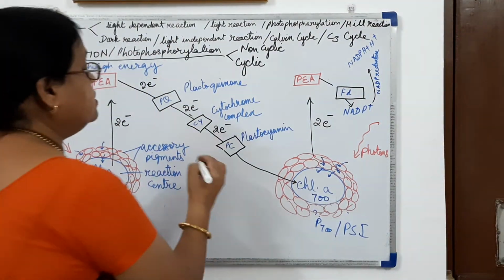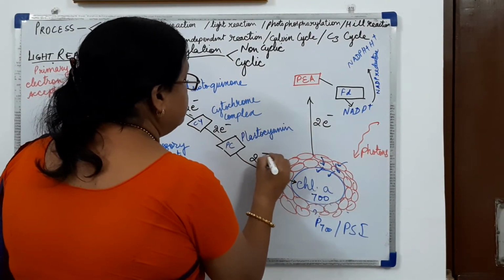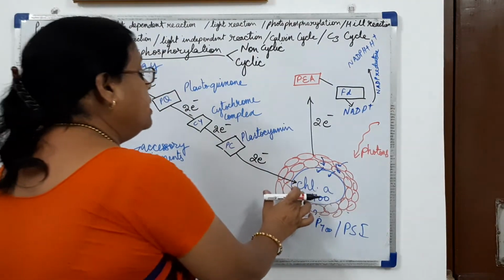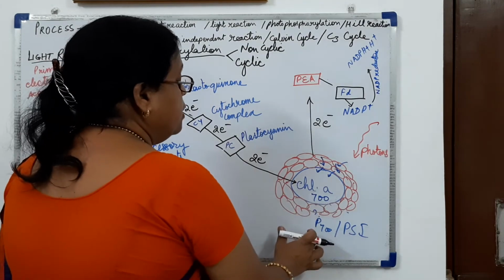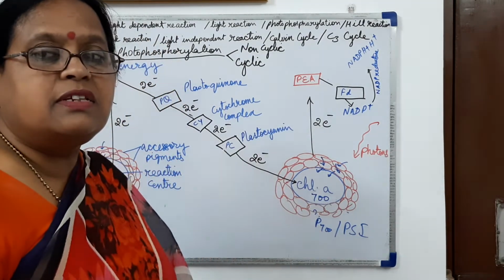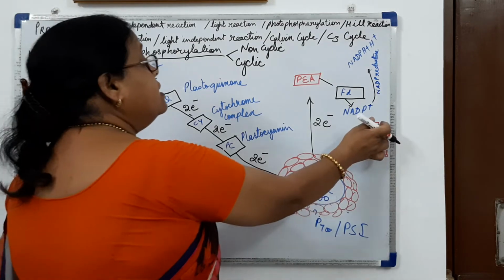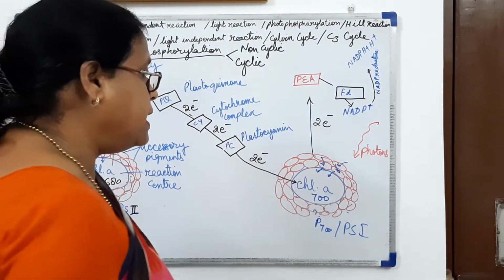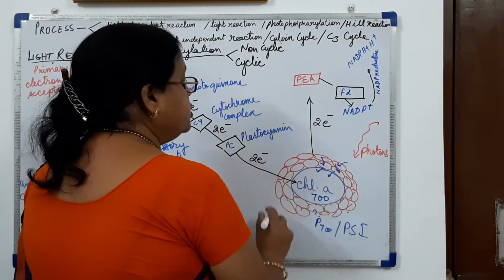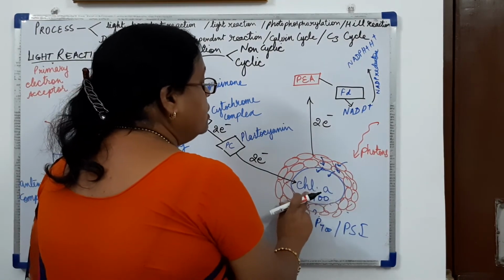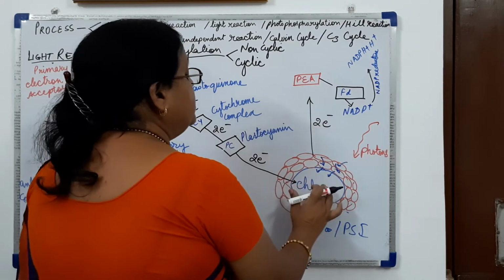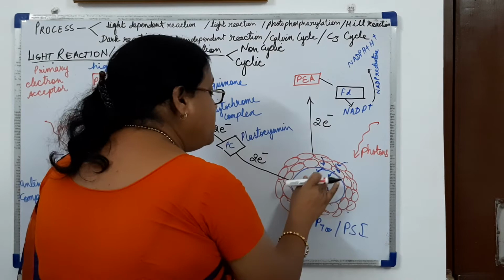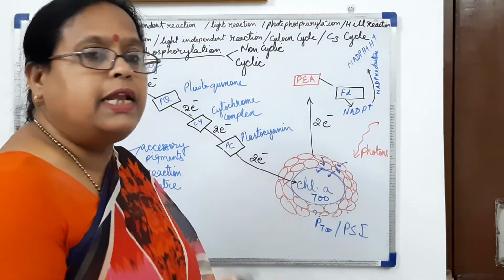Then from plastocyanin, these electrons will be passed on to the chlorophyll of P700, that is pigment system 1. These also absorb photons when exposed to sunlight, and the energy of light is passed on to chlorophyll A. So this will release a pair of electrons, leaving a deficit of electrons here.